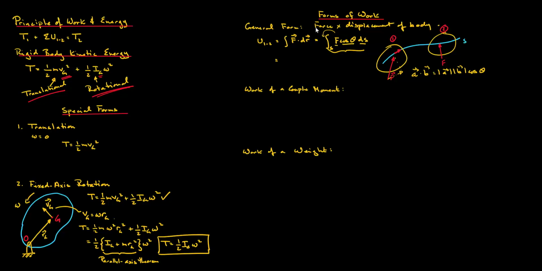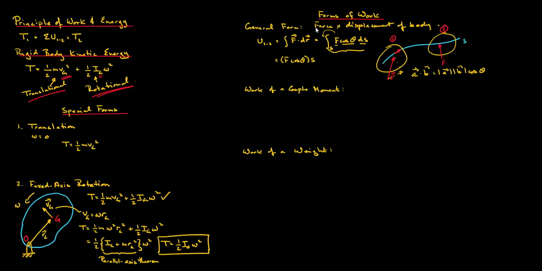Similarly, if there is no change in direction, so if the force has a constant magnitude and direction, then we can do away with the integral and just say that the work from 1 to 2 is just the force multiplied by cosine theta multiplied by the total displacement S. Okay? So this is the general form of work done by an external force on a rigid body.